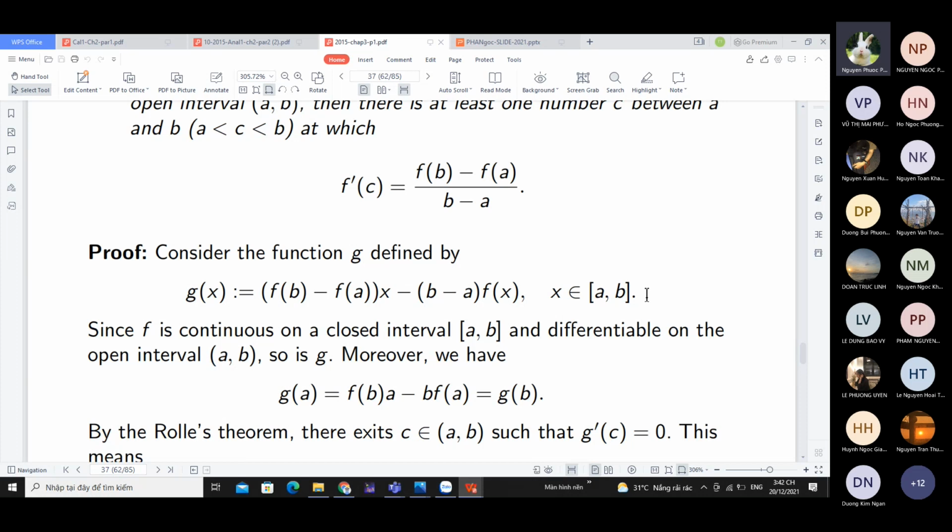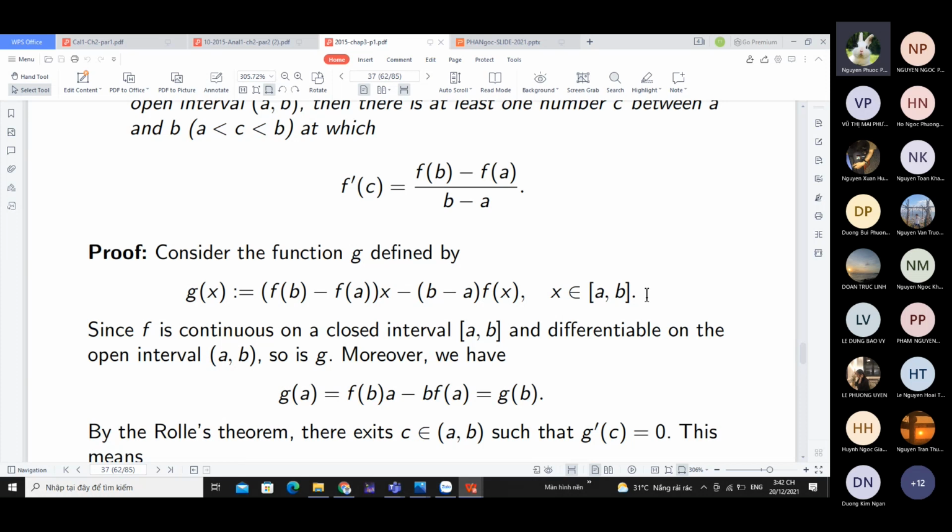And a linear function is continuous everywhere, differentiable everywhere, right? And the second function on the right-hand side of g is minus (b - a) times f(x), just a constant times f(x), and that's why this function has the same properties as the function f.